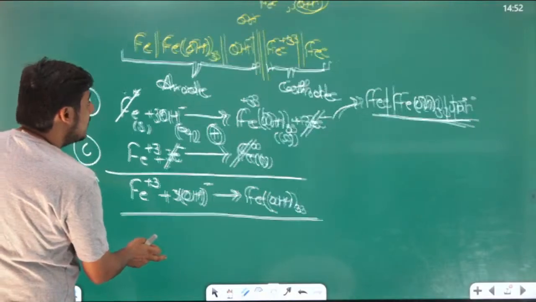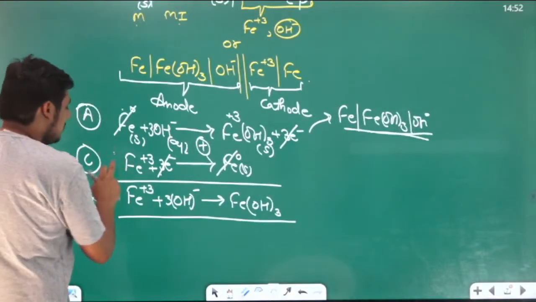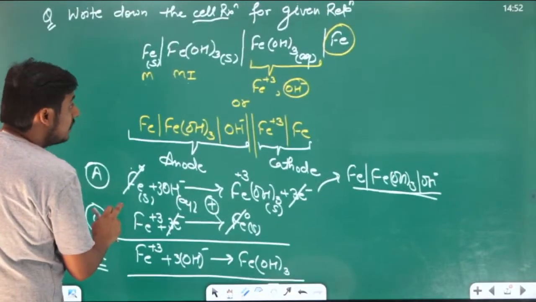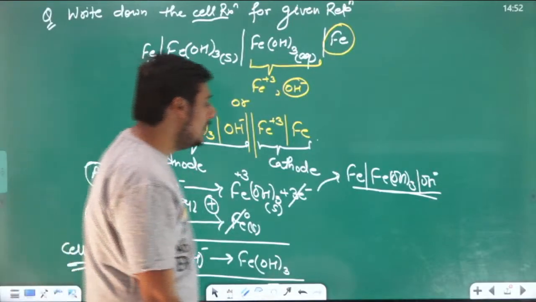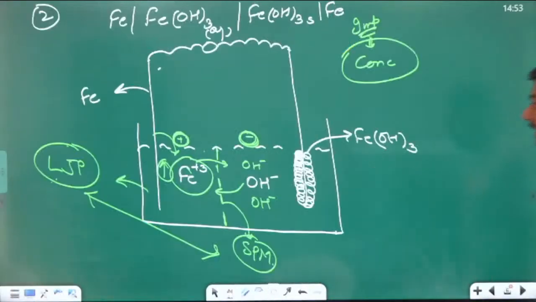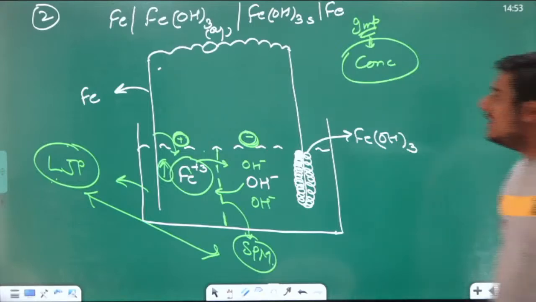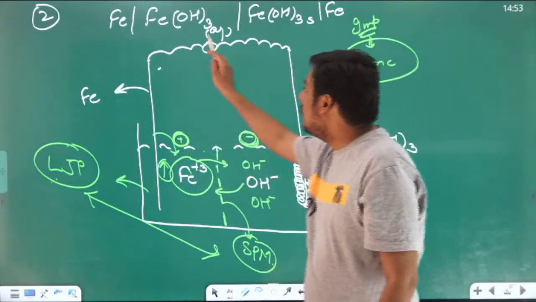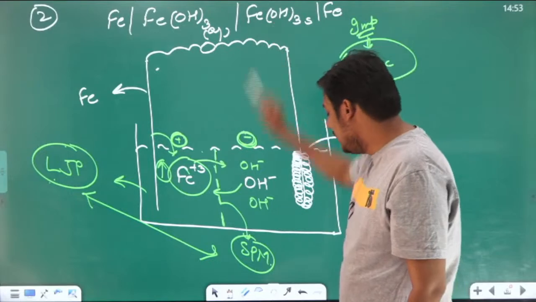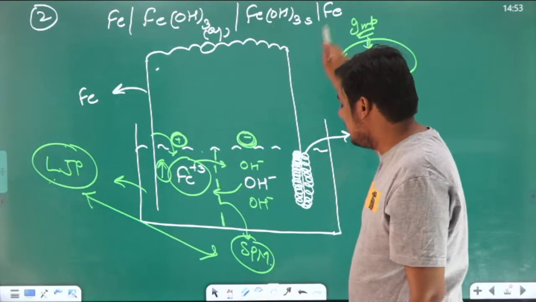Now have a look at these two slides simultaneously. In the previous slide, the representation was Fe, aqueous ion, Fe(OH) whole thrice solid, and then another Fe solid.